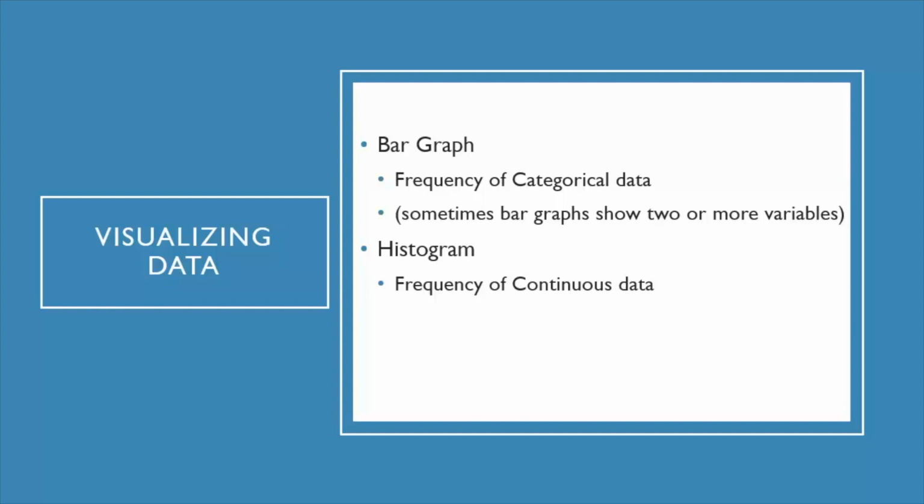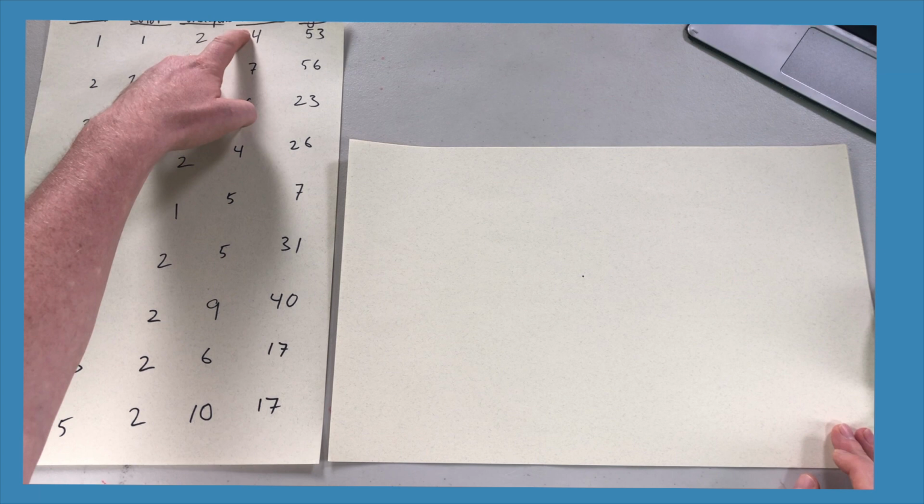All right, we only use a bar chart or a bar graph when we are doing categorical data. If we want to do other kinds of data, specifically continuous data, then we have to do a different chart. So let's do awesomeness.